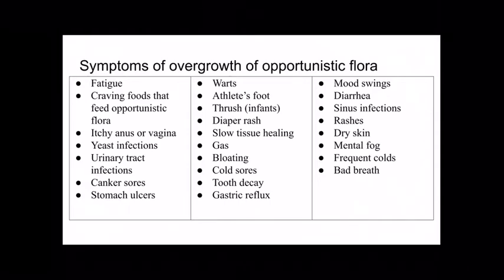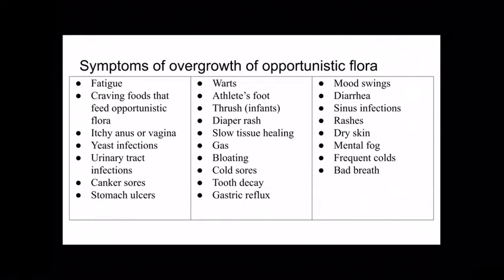So it certainly makes sense with those sorts of numbers that if we have a lot of opportunistic flora, it would have the capacity to put out, hey, feed us some bread, hey, feed us some beer, or whatever, something that's going to support its growth. And if you stop giving it, then it's like, hey, where'd that go? We're starting to die off. We want more of that stuff so that we can live well. It allows us to potentially reframe food cravings.